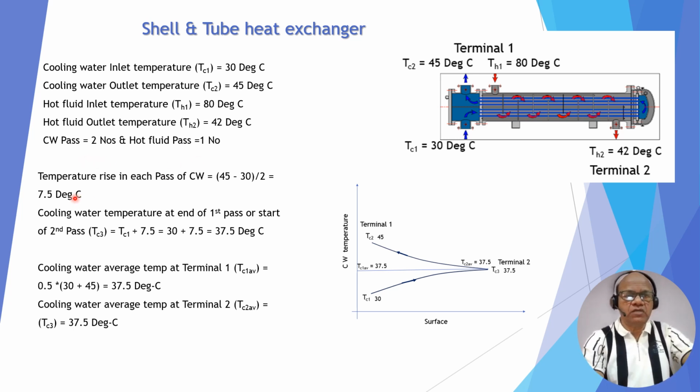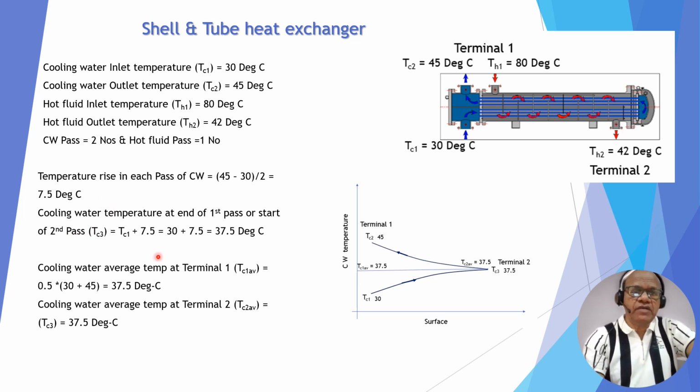Now you have to calculate the temperature rise for the cooling water. The temperature rise in each pass will be 45 minus 30 divided by 2, because of 2 passes, so 7.5. So the cooling water temperature at the end of the first pass, or start of the second pass, will be 30 plus 7.5, which is 37.5 degrees Celsius.